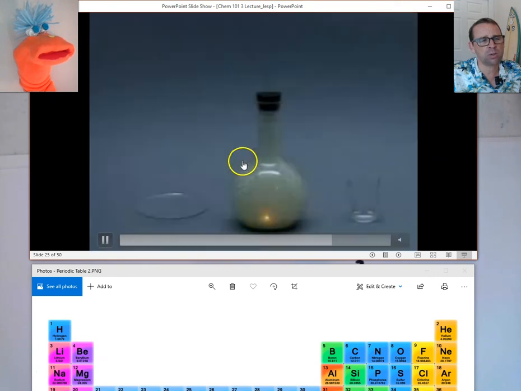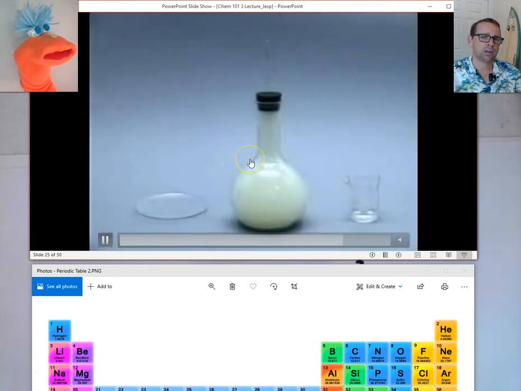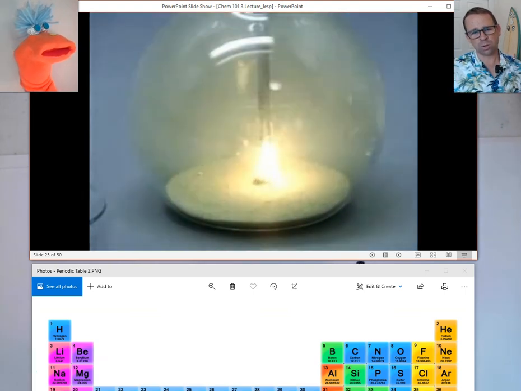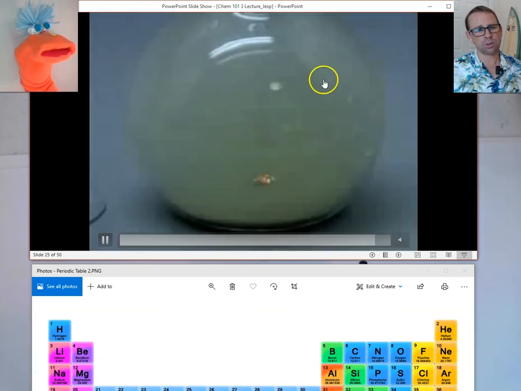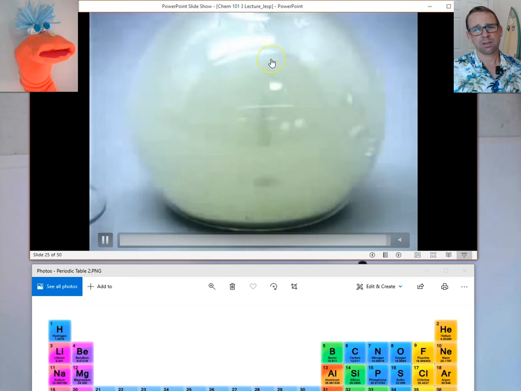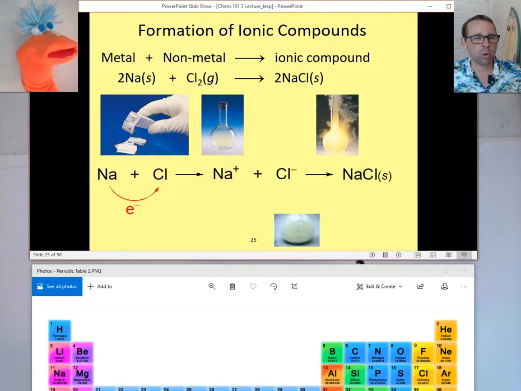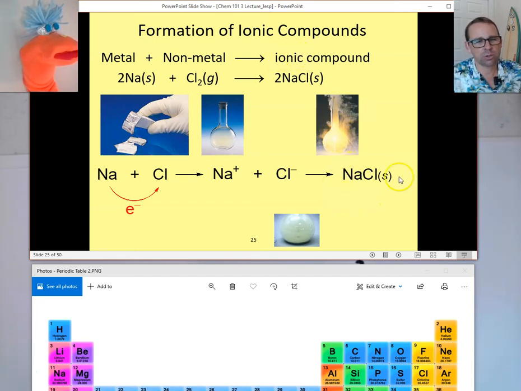So there we see the chlorine and the sodium metal reacting to form sodium ions and chloride ions, and the resulting white powder is ionic sodium chloride. Some of you know that one of the main components in what we call table salt is sodium chloride. So oftentimes people will say sodium chloride, oh, that's salt.